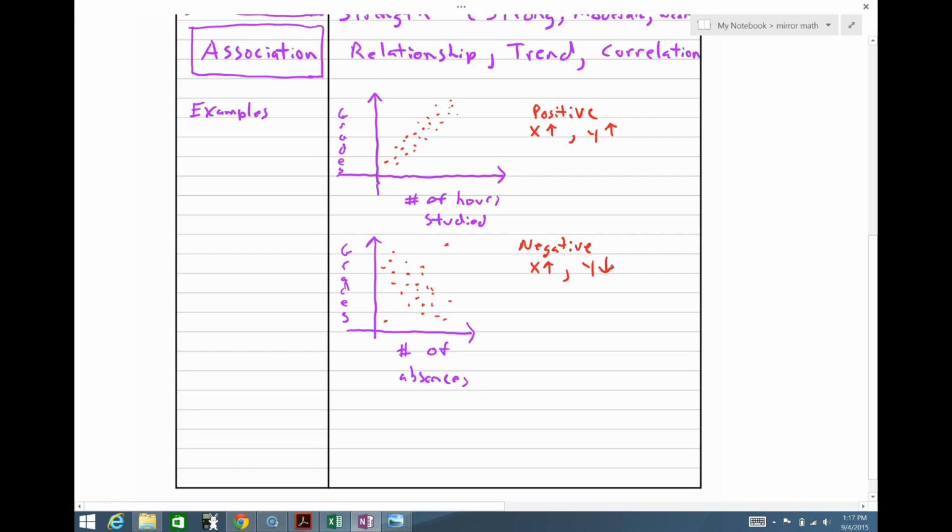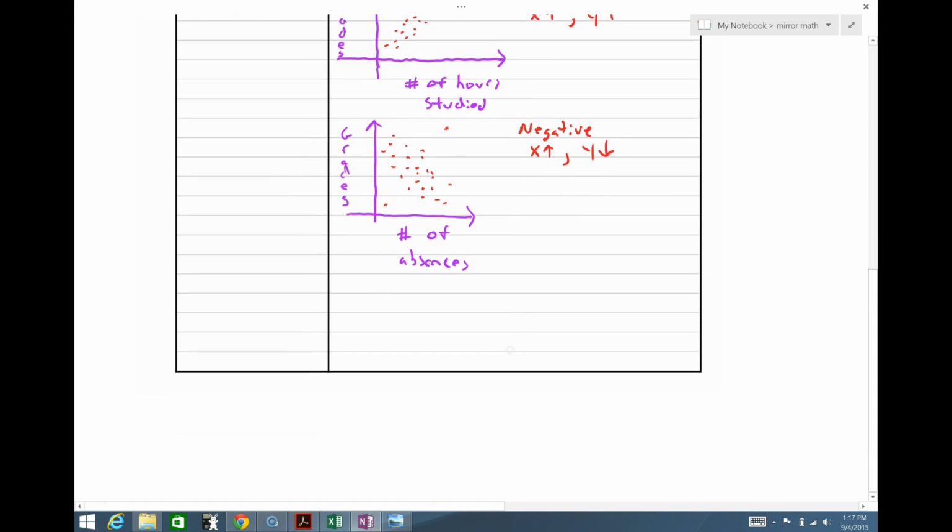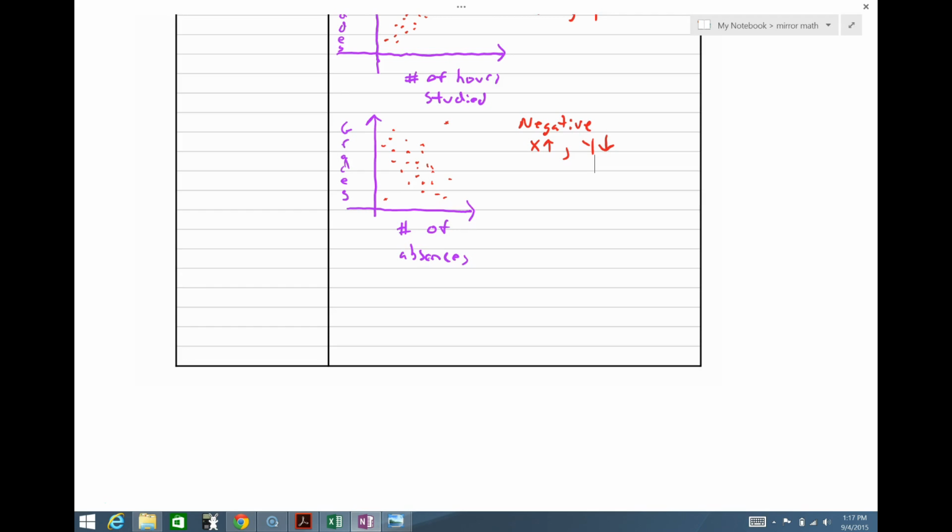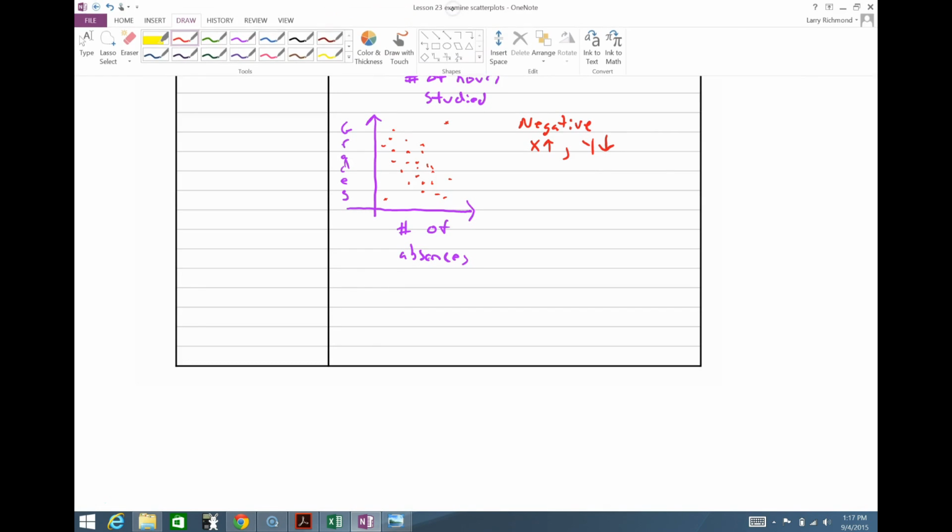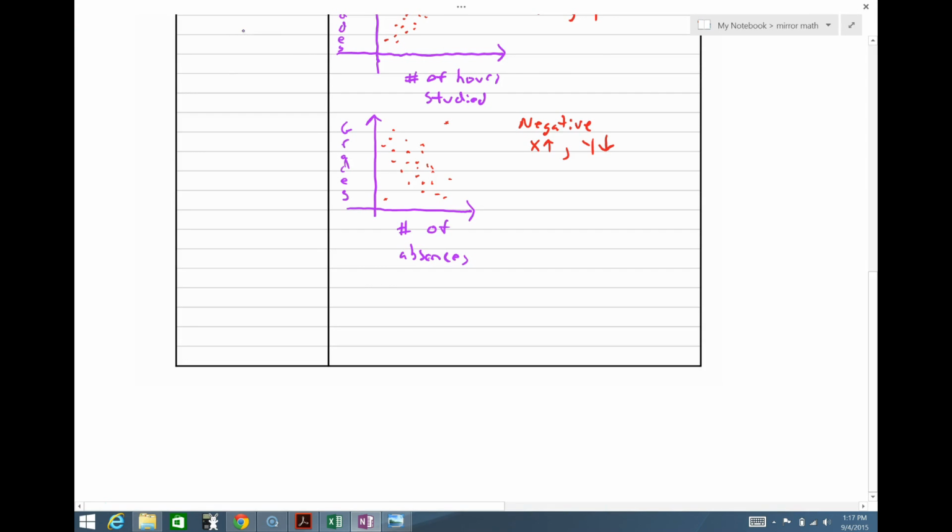So lastly, let's look at two variables that would have no relationship. I am considering now height in grades.